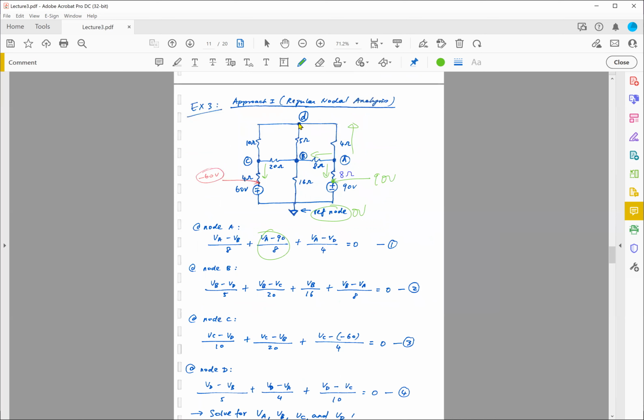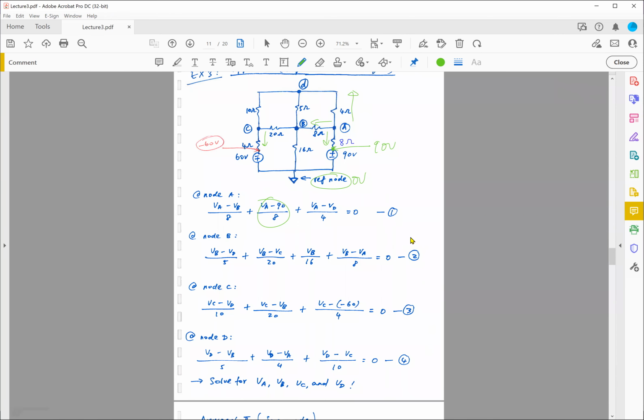Lastly, node D over here, VD minus VB divided by 5, VD minus VC divided by 10, VD minus VA divided by 4. 3 branches, correspondingly I have 3 terms. 4 equations, 4 unknowns. Now you can go ahead and solve for VA, B, C, and D.